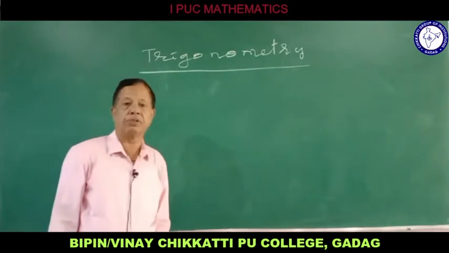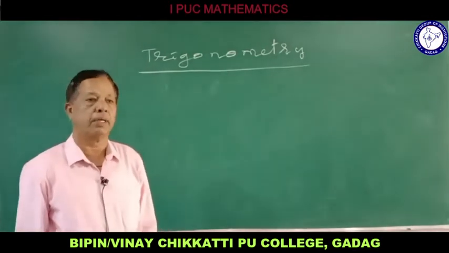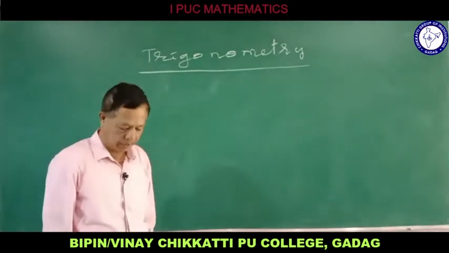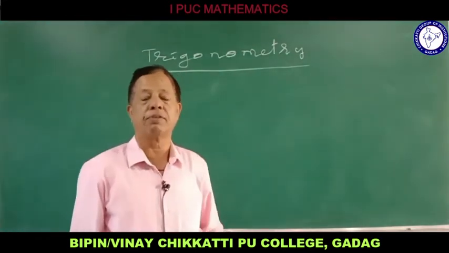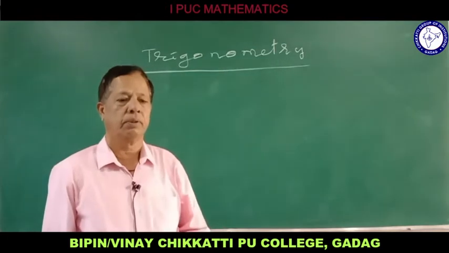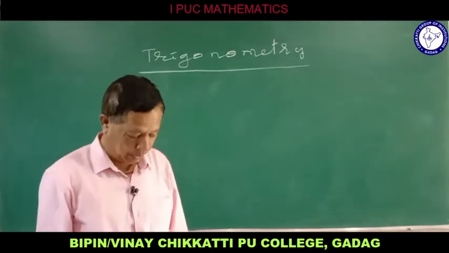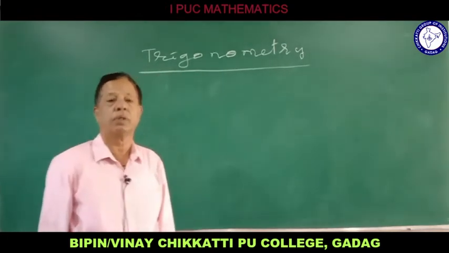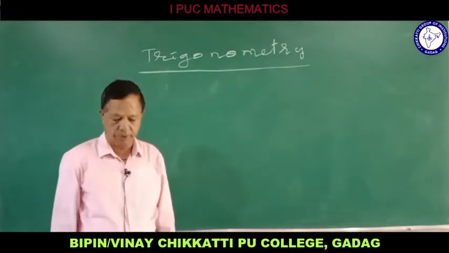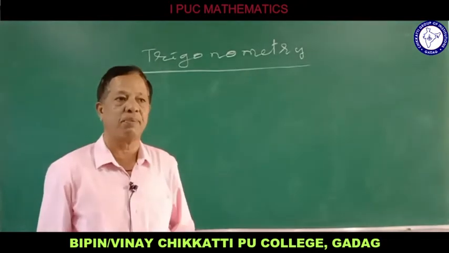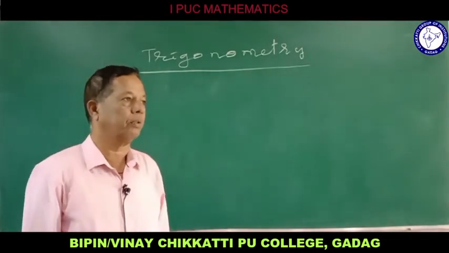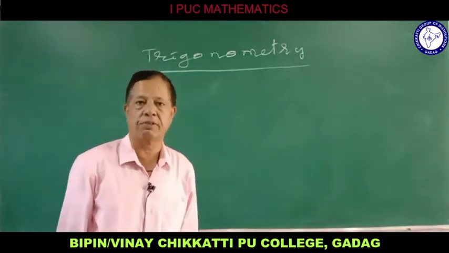Literally, we can say it is a science of measuring sides and angles of a triangle. Even we see that trigonometry is a study of 6 elements, 3 angles and 3 sides of a triangle.